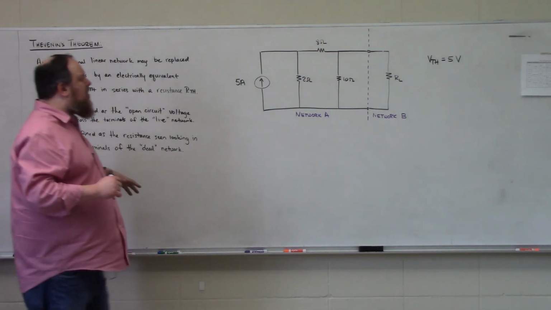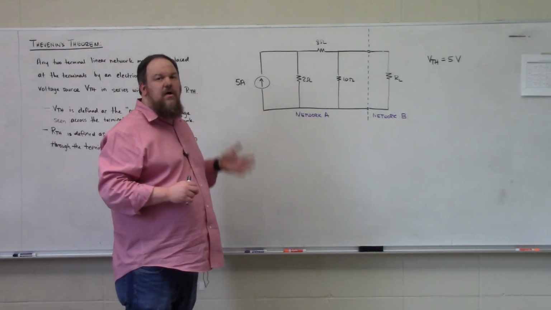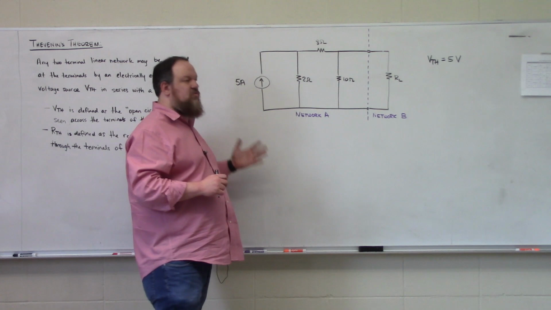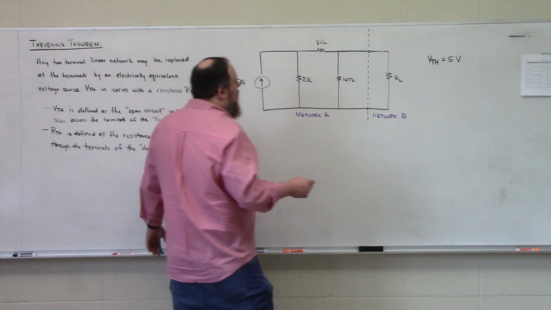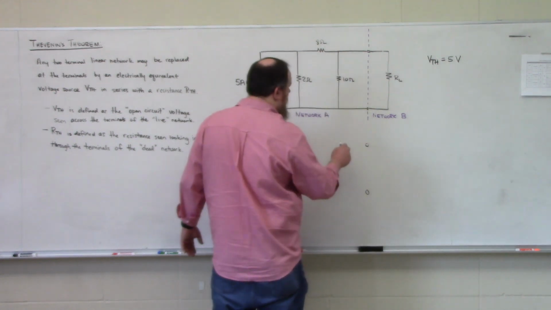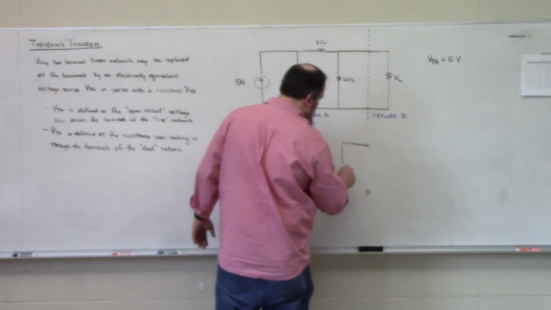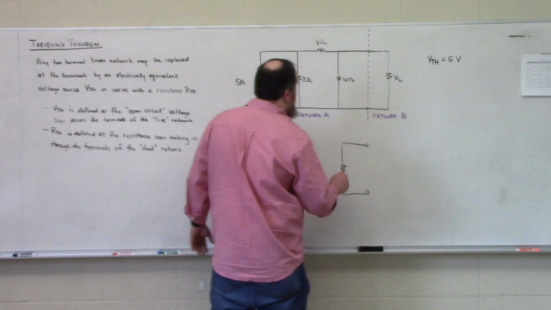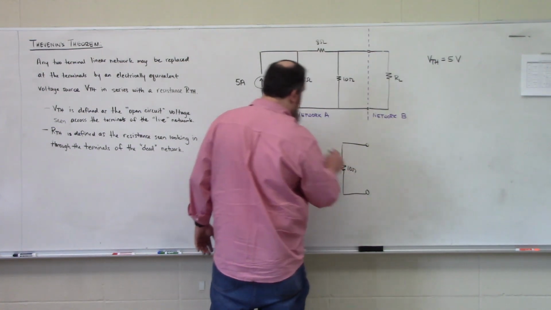The dead network means that we have to turn off all of our independent sources. So we're going to have our network disconnected at our terminals like we had before, where this is our 10 ohm resistor.